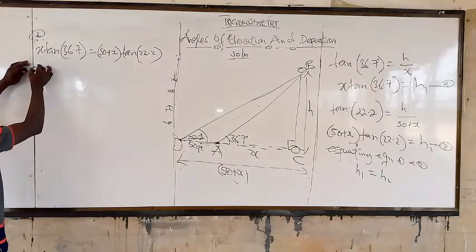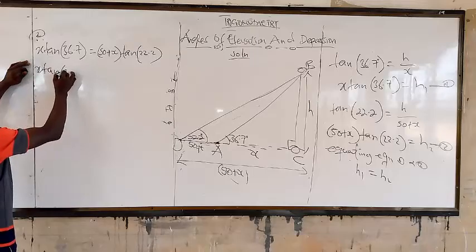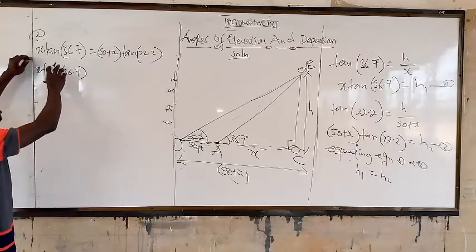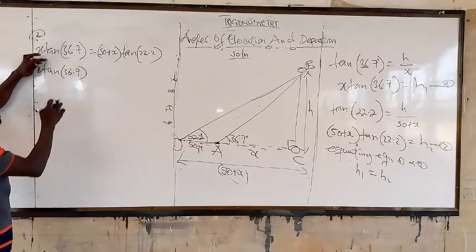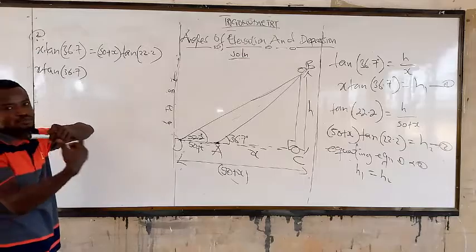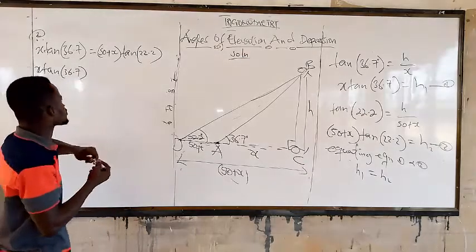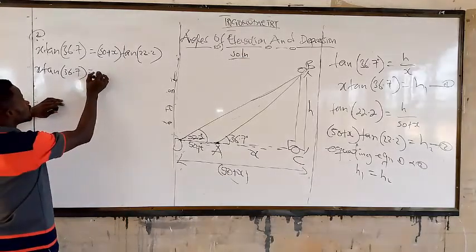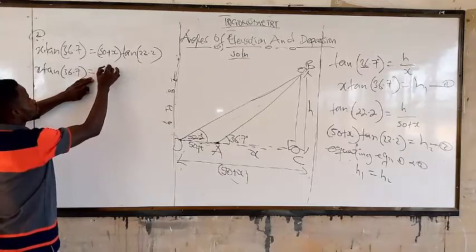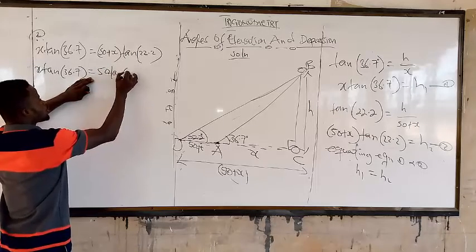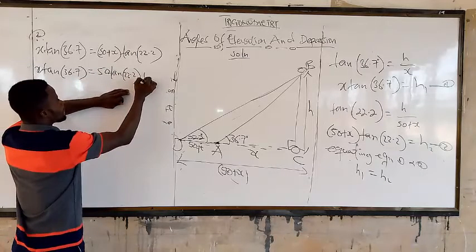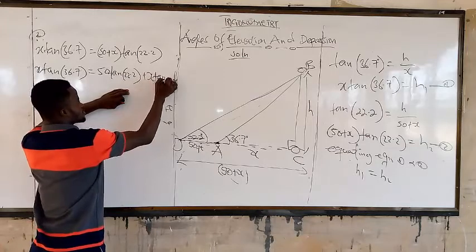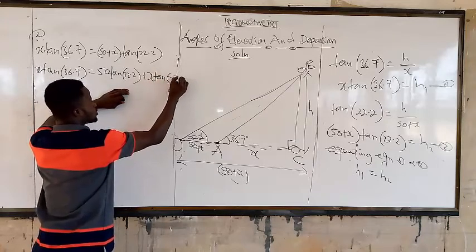Here we have this, let's repeat tan 36.7. Now I don't want to approximate this because sometimes the decimal place can affect your final answer. So just maintain it. Here we get 50 tan 22.2 plus S tan 22.2.